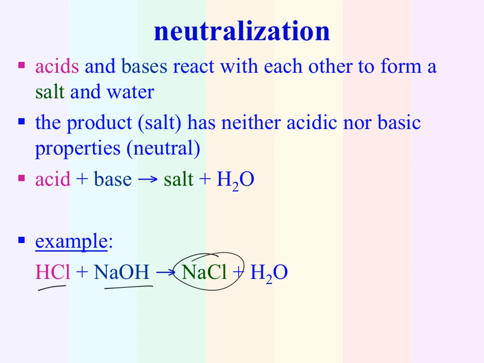So basically you end up with a neutral solution because, as we know, conjugate bases and conjugate acids that are produced from strong sources are not going to affect your pH because they don't want to go back in the other direction.